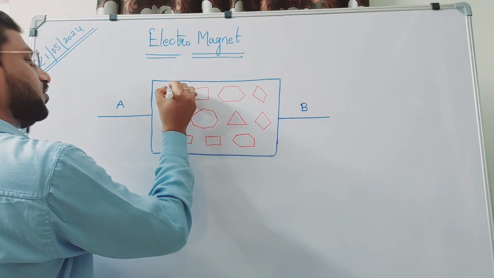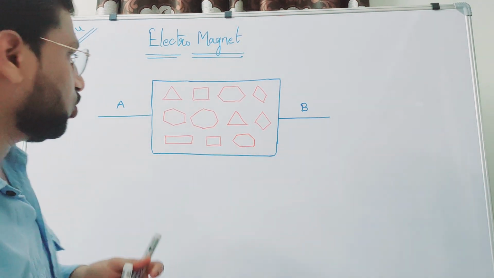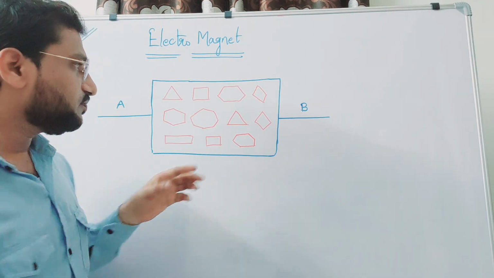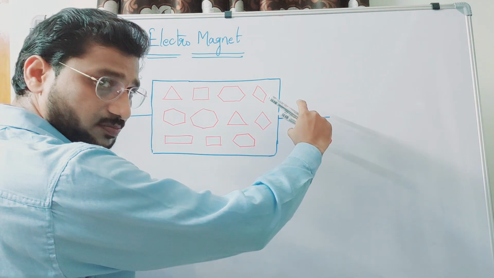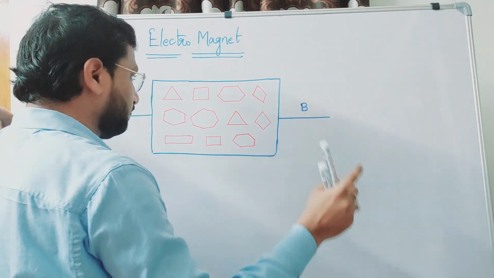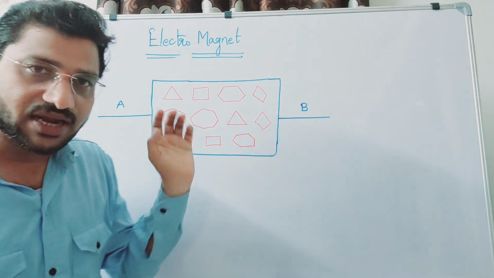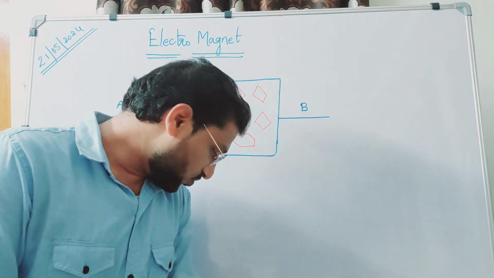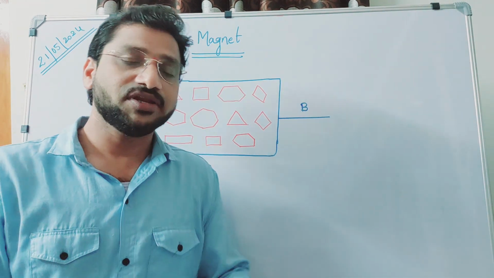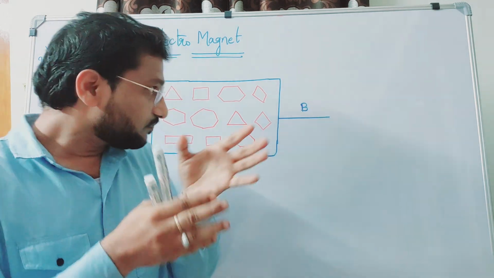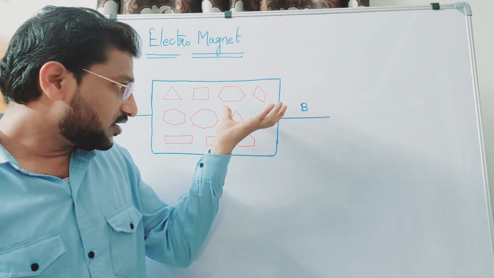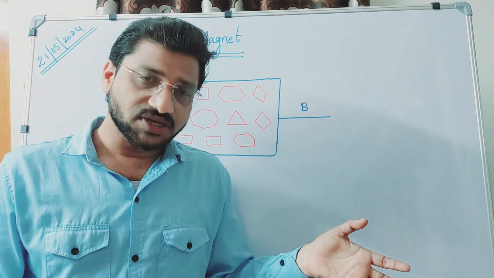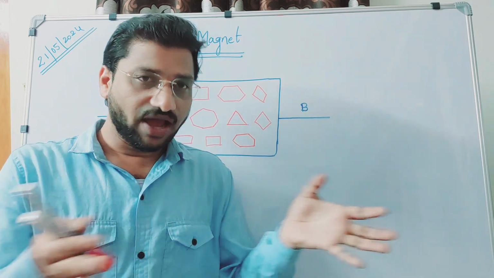Right. Now, you may ask a question, why are these drawn inside this material? This is a material having conductivity. If you remember the earlier class, or the basic concept, the material is made up of molecules, and molecules are made up of atoms.